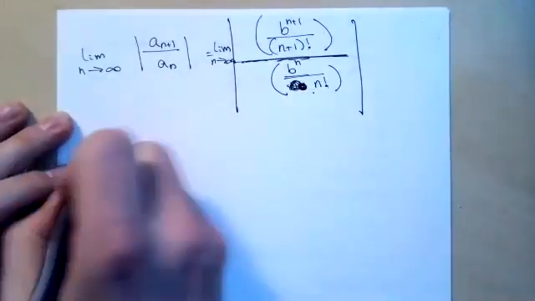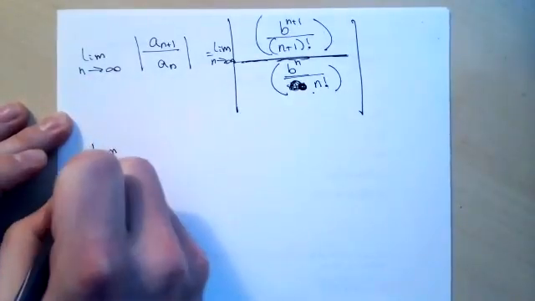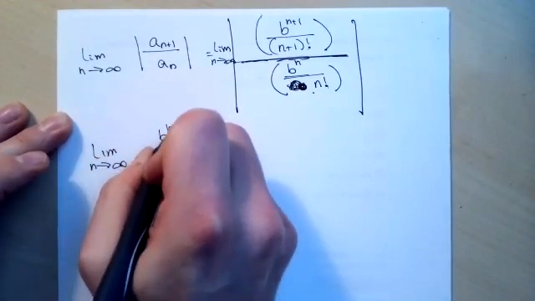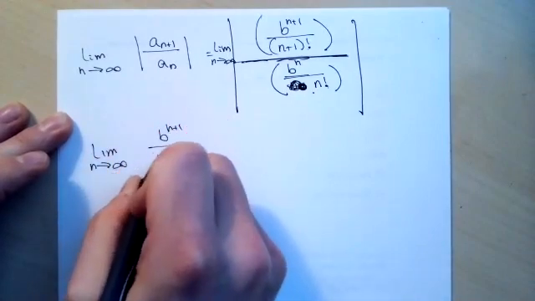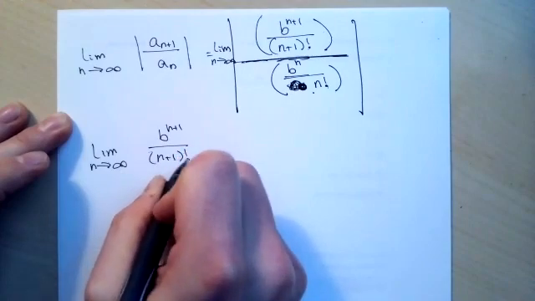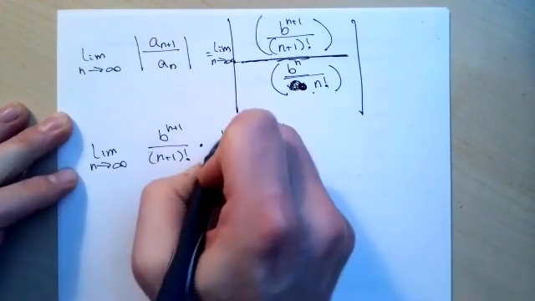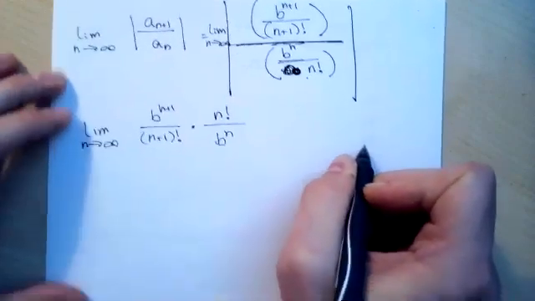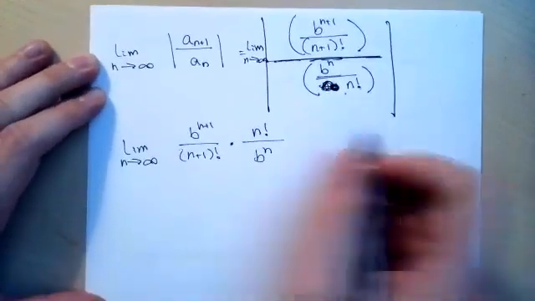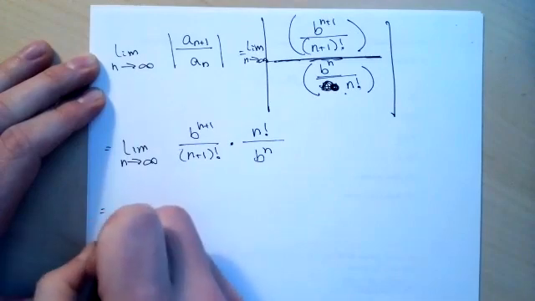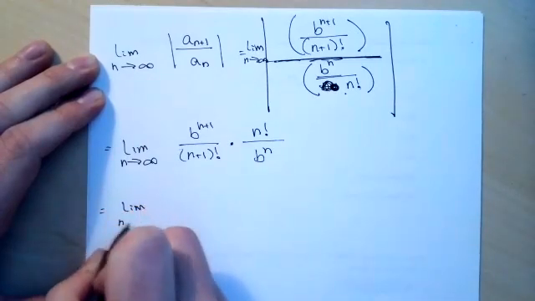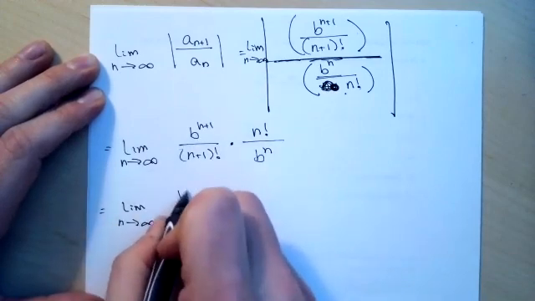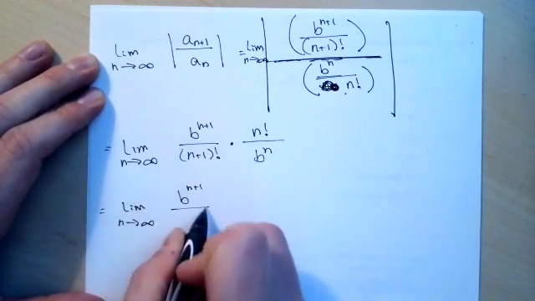And now when we do that, just got to mind all your algebra. So we will have b to the n plus 1 over (n plus 1) factorial, times n factorial over b to the n. Now, always group similar terms.